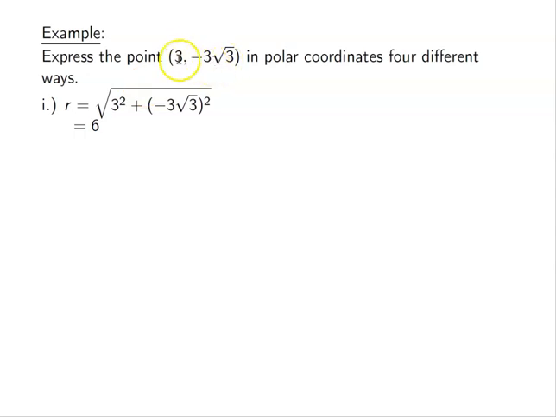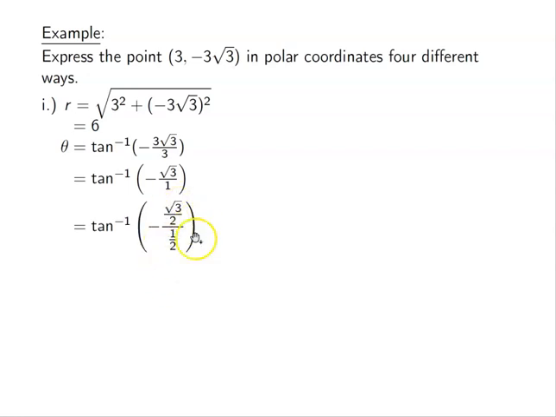So this has a radius of 6, and the angle is y over x. So with 3 root 3, here the 3's cancel, okay? And it's root 3 over 1, negative. And so for that, I can rewrite this as root 3 and the 1 separately being over 2, okay? This now lines up more with what I need for a unit circle, or really any circle, right?